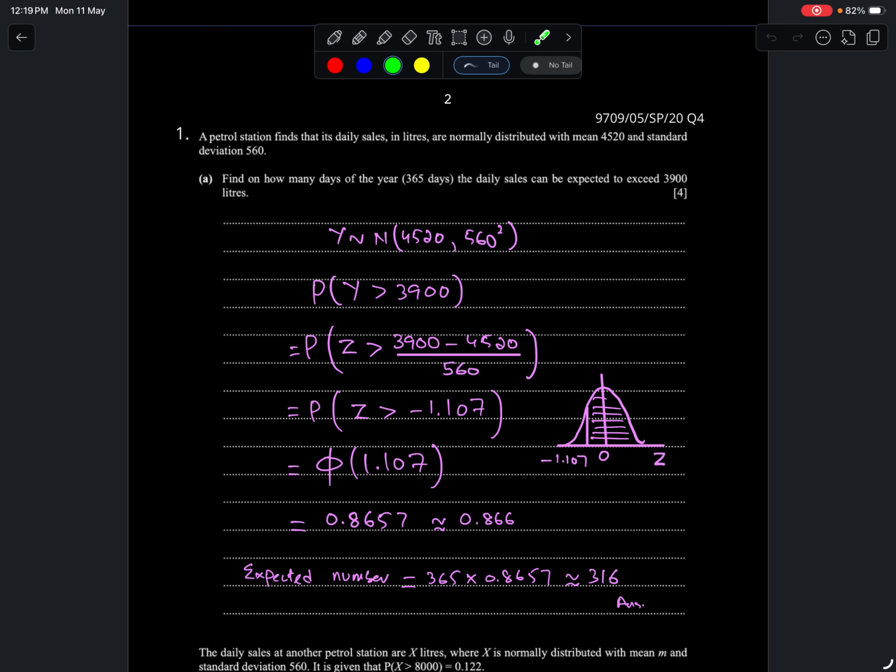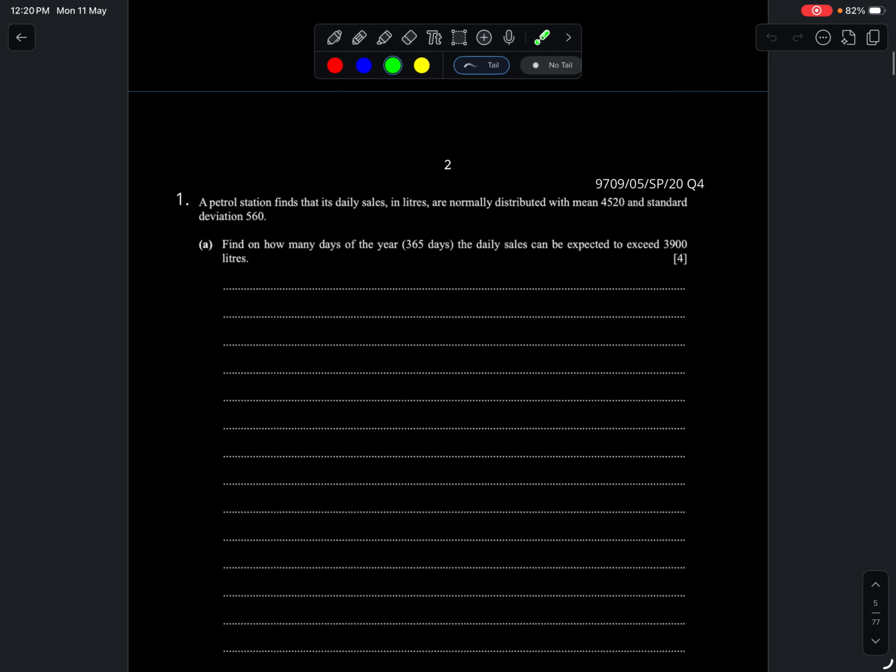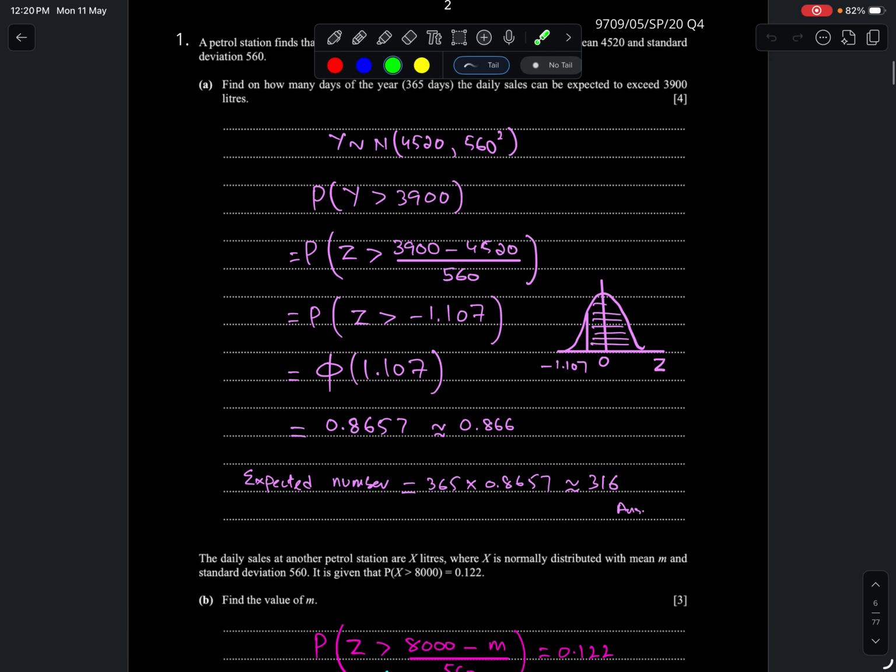So 365 times 0.8657. This is 315.9, so 316. What if we got 315.2? Again, you have to write 316, because 0.2 means a complete day. You have entered the next day, so a complete day. So in this way, always round up.